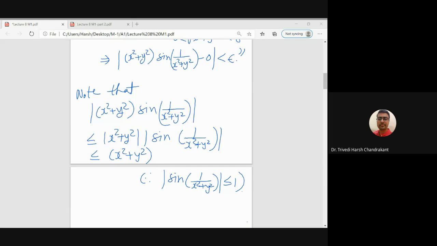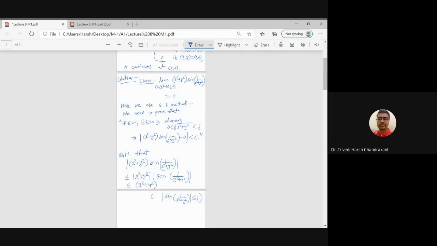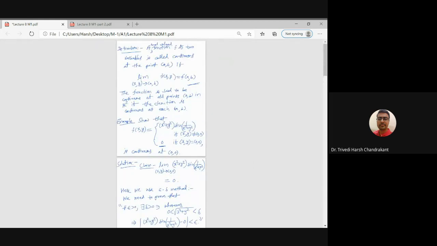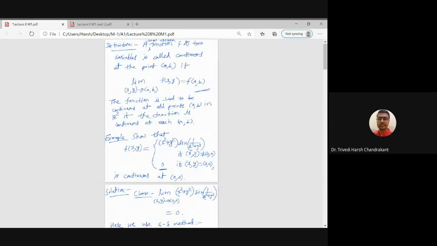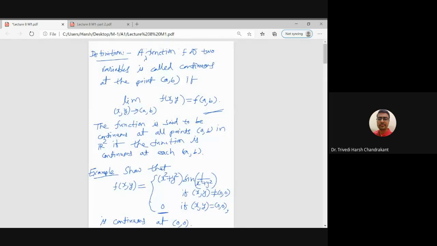Right. So essentially what we are discussing here is that we are checking whether the given function is continuous at the point (a, b).